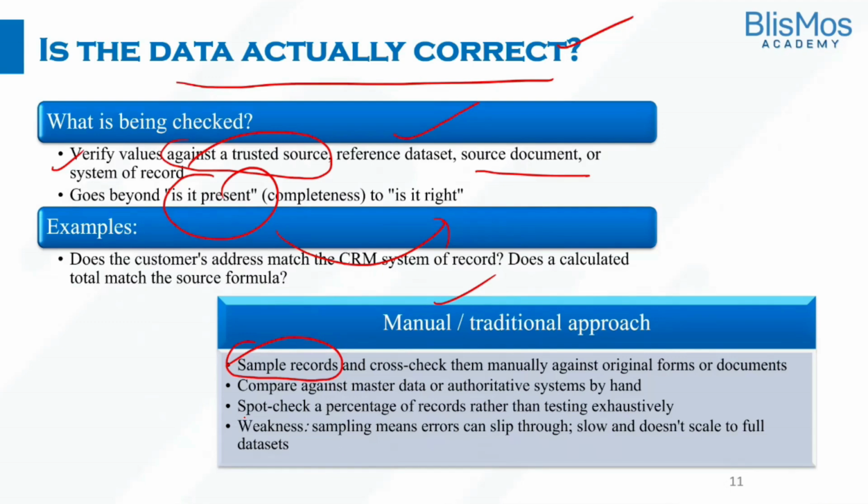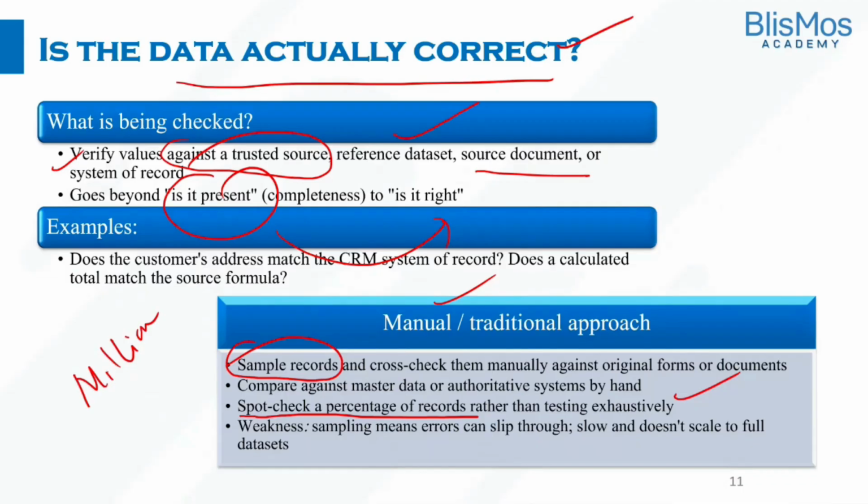Or he or she can spot check a percentage of records rather than testing exhaustively, because we are dealing with millions and billions of records. Manually, it is highly impossible to go through all the million records, isn't it? So we resort to sampling and manual comparison.